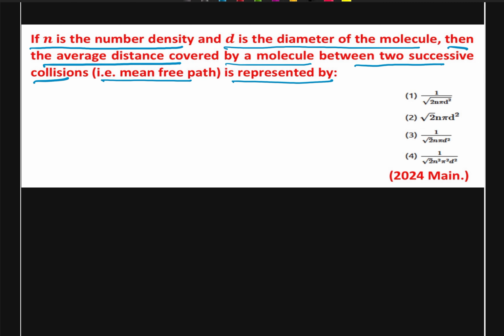We know that the mean free path, represented by lambda, is equal to 1 upon square root of 2 pi d square multiplied by n. So this is a direct formula, and option number 3 is correct.